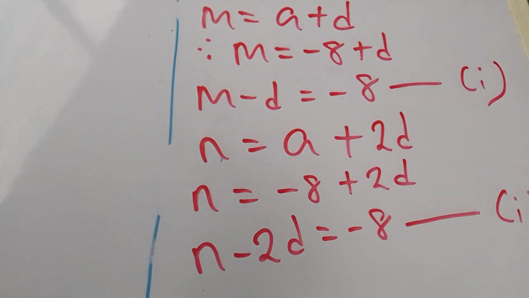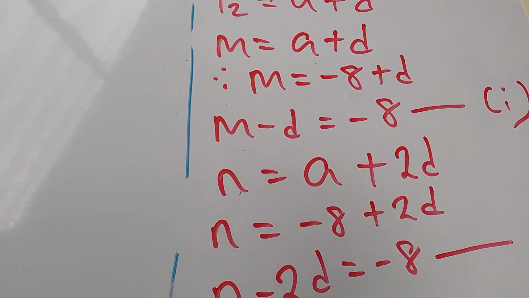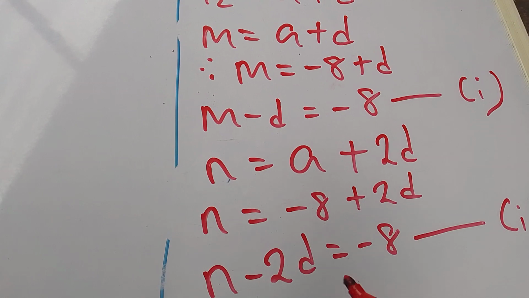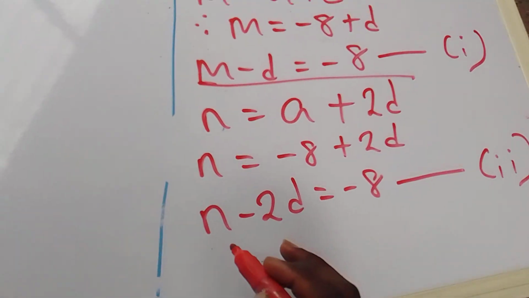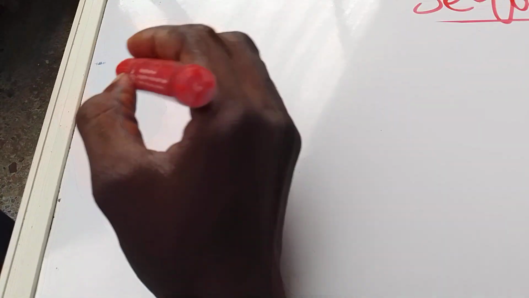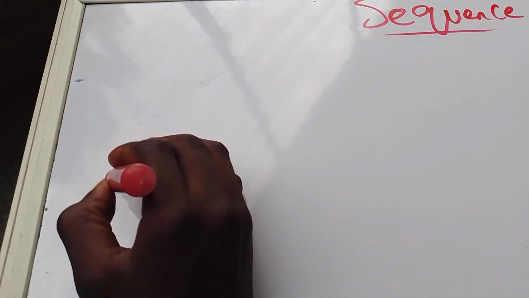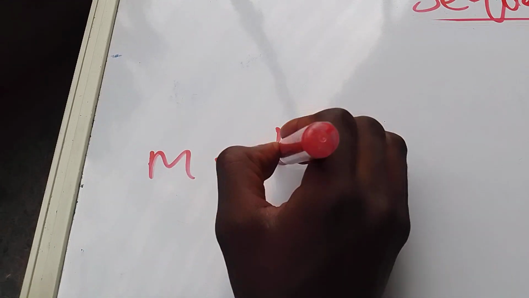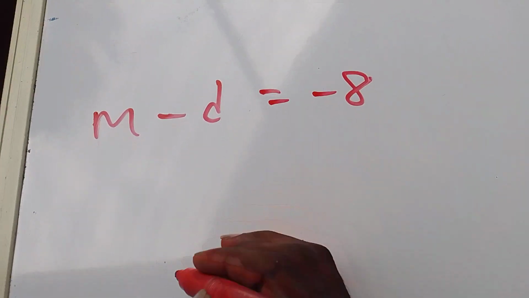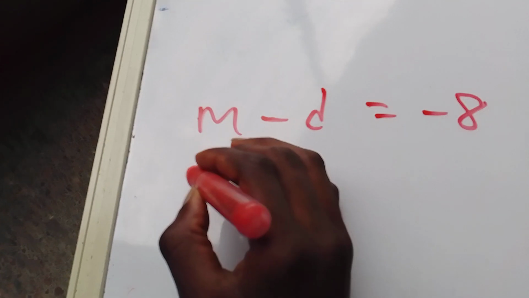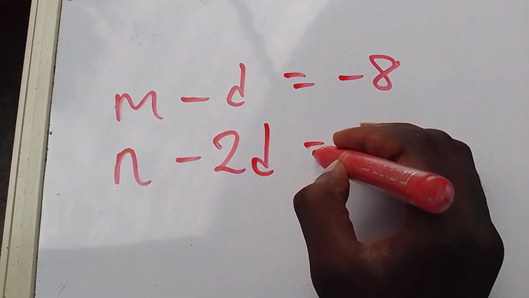Now I've seen my equation 1, m minus D equals minus 8, and my equation 2, n minus 2D equals minus 8. Let me recall the equations: m minus D equals minus 8, and n minus 2D equals minus 8.